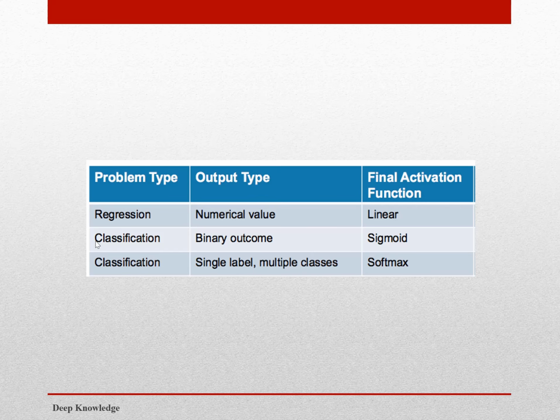If we have a binary classification, 0 or 1, male or woman, car or not car, normal or abnormal, we use the sigmoid function. But if we have multiple classes, we can use softmax.